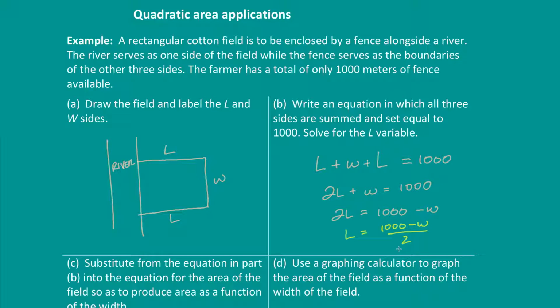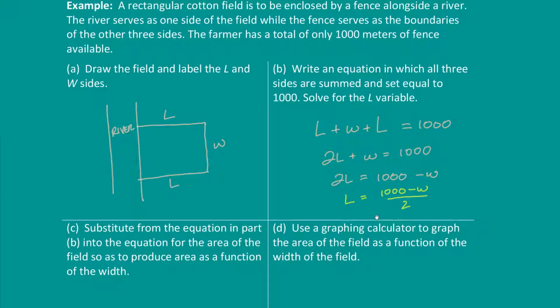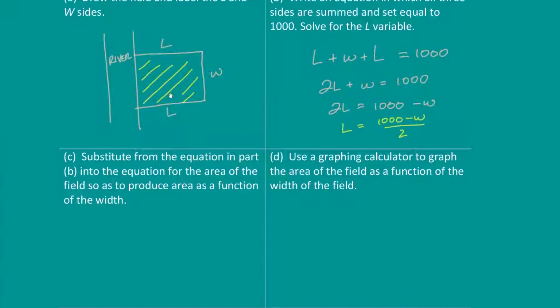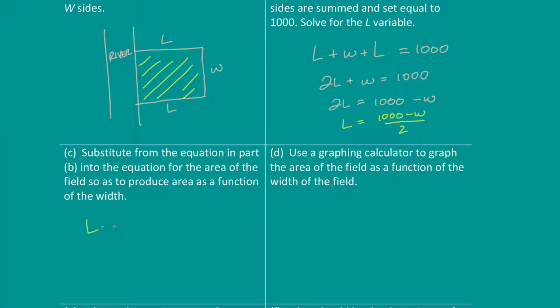So the whole purpose of this is to get everything in terms of one variable, so that when we set up our area equation, because we're looking to find the area inside. So we know for a rectangle the area is going to be length times width, but we need to have that in terms of one variable. So because our length is (1,000 minus W) over 2, that would be (1,000 minus W) over 2 times W equals our area.